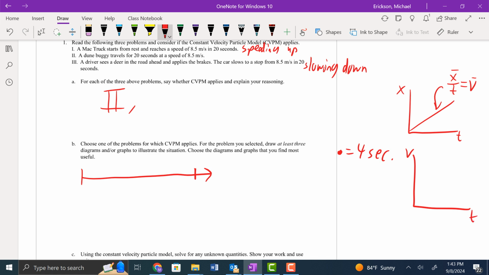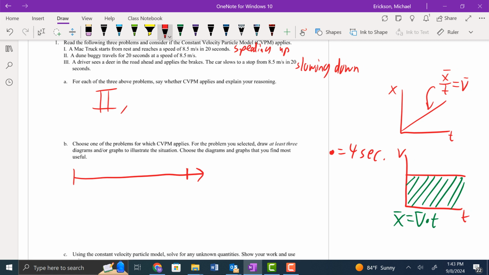When I had a velocity time graph, the area underneath it, which I could solve by going v times t, was equal to my displacement. And so I have these two formulas here. I have v is equal to x over t, and I have x is equal to vt.